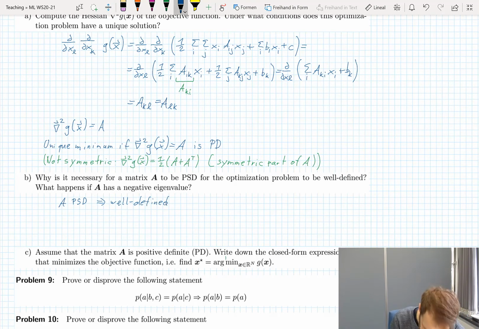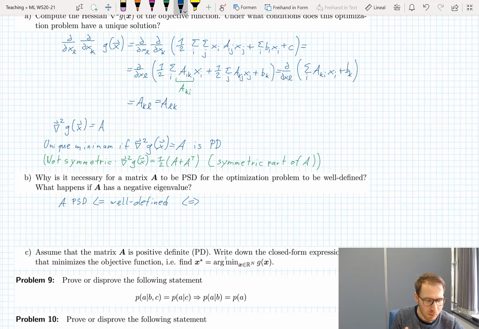Now we'll use a little trick. Oh, sorry, the other way around. It's necessary: A has to be PSD if it's well defined. The other direction would be that it's necessary to be well defined if it's PSD, which is not the case.